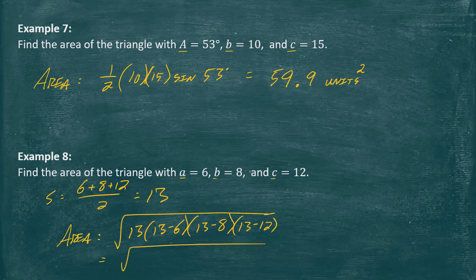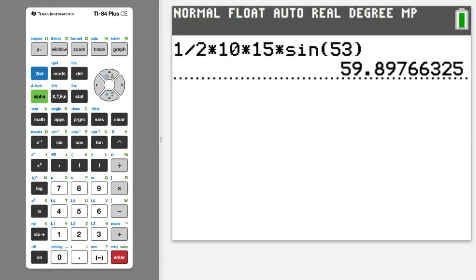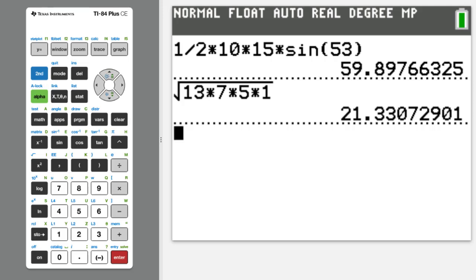If I simplify those before I type it in, I've just got 13 times 13 take away 6 is 7, 13 take away 8 is 5, and 13 take away 12 is 1. So on our calculator, we've got the square root of 13 times 7 times 5 times 1. I didn't really need the times 1, but just to show that there's 4 numbers being multiplied inside, it gives us this value of 21.3 or so.